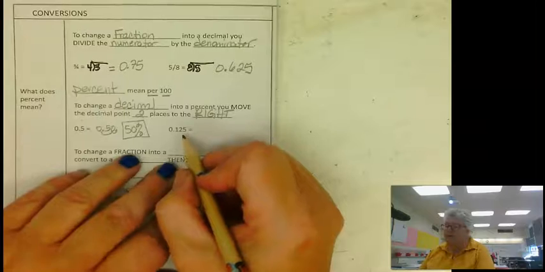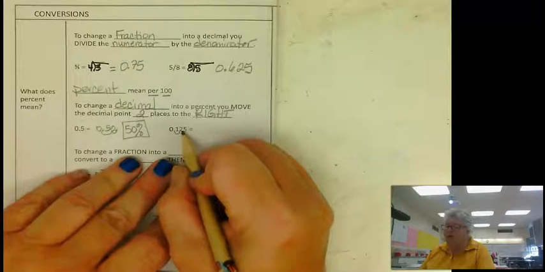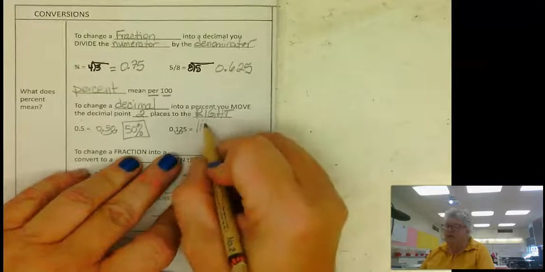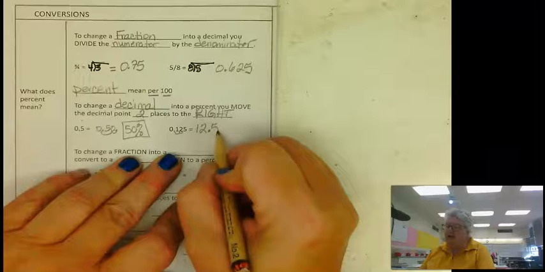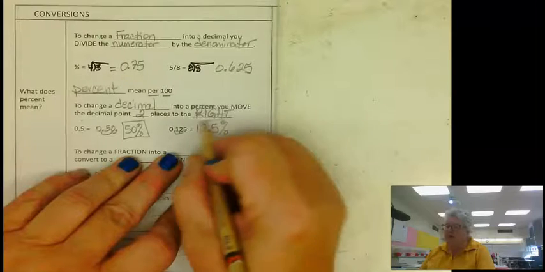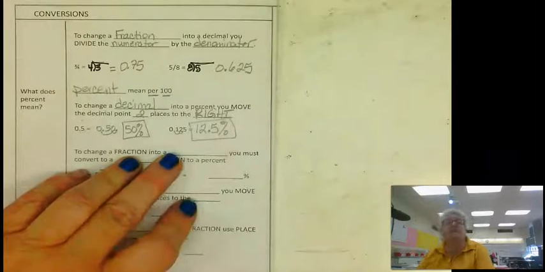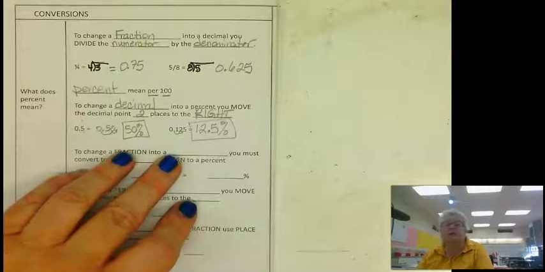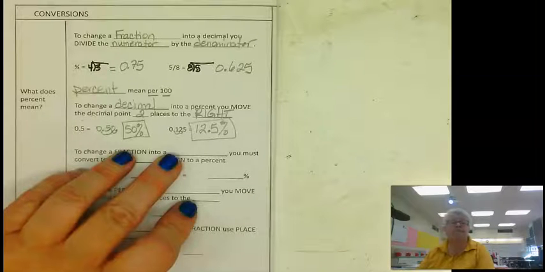Now this one, 0.125, I'm going to move it 1, 2 places, so that gives me 12.5%. Yes, you can have a decimal as a percent. It's no big deal. 12.5%. Woohoo!